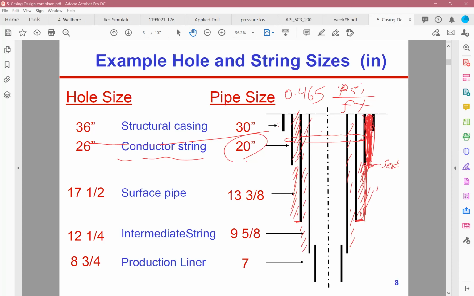A formation at 5,000 feet, you expect it to have a pressure equal to 5,000 multiplied by 0.465, right? So this means 0.465 multiplied by 5,000. You expect that at 5,000 feet you have a pressure of 2,325 psi.